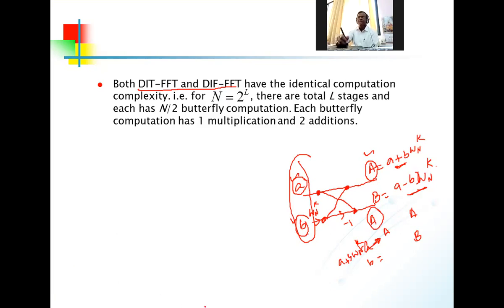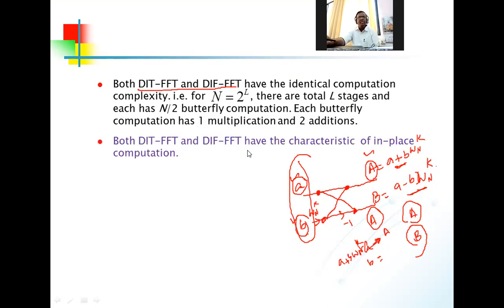In place of small a we store capital A, and in place of small b we store capital B. That is what we call in-place computation.